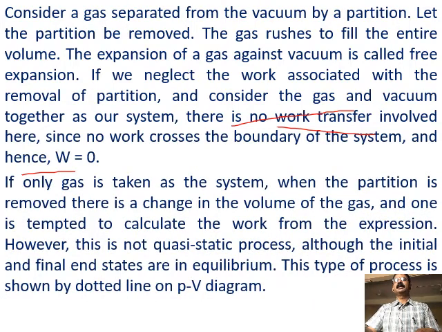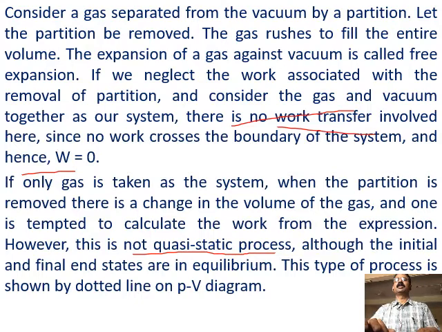If only the gas is taken as a system and the partition is removed, there is a change in volume of the gas, and one is tempted to calculate the work from the expression P dV. You may think that there is work.